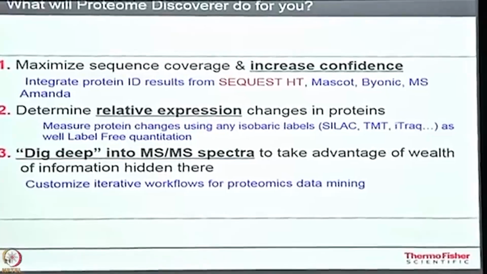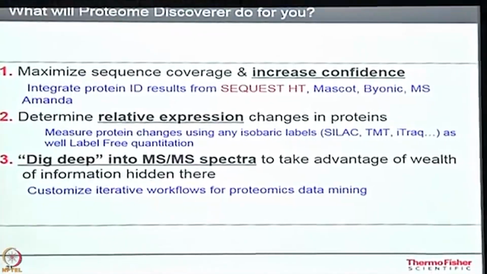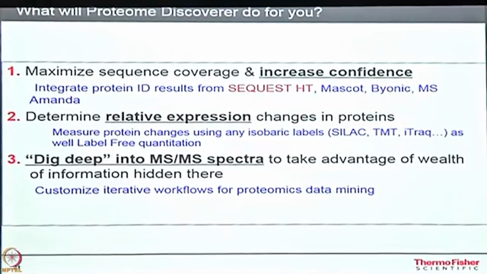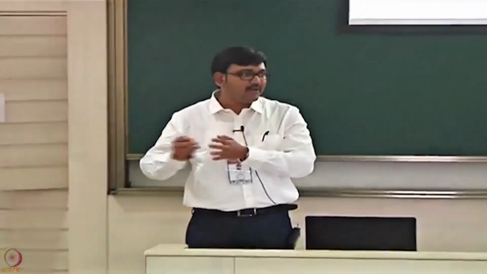So how do these search engines work? When you run a human sample, you get the MSMS data. Now you tell the software search engine to extract the proteins, and you set the human database. The search engine will theoretically digest those proteins from the human database and make a theoretical mass list.